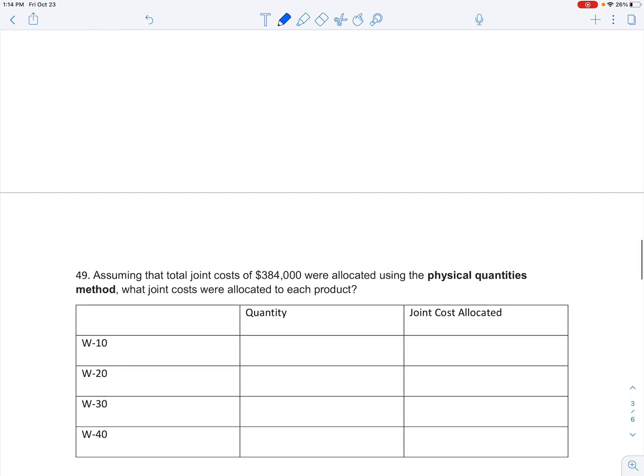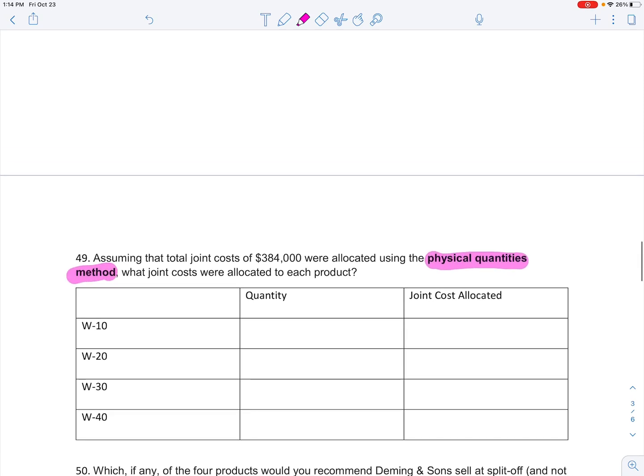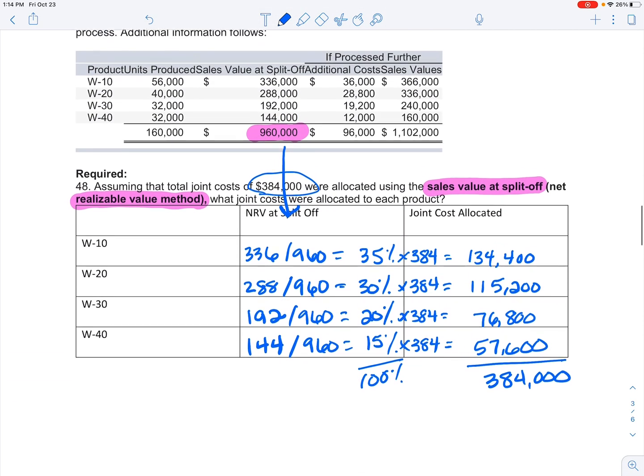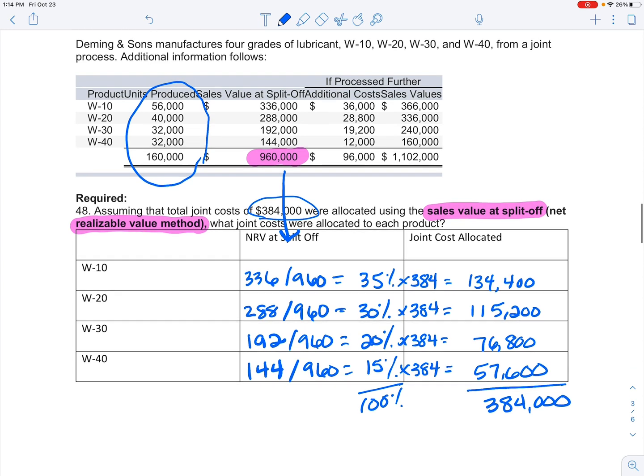Let's do the same thing, same problem, but show you using the physical quantities method. I'm going to come back up here, capture some of the numbers that I need. You can see here, this is the number of units I produced. That's what I'm going to use to calculate my percentage.